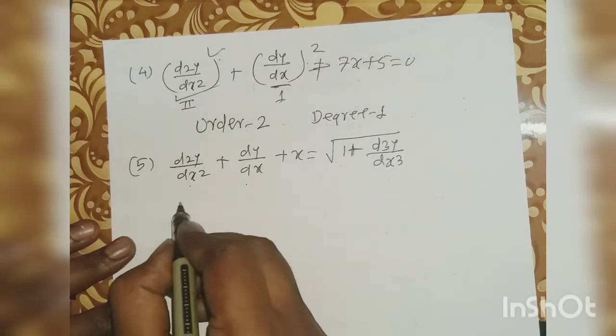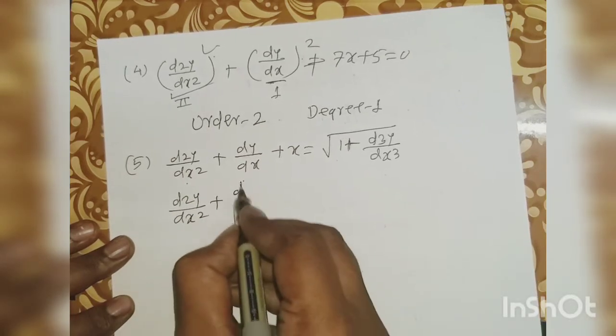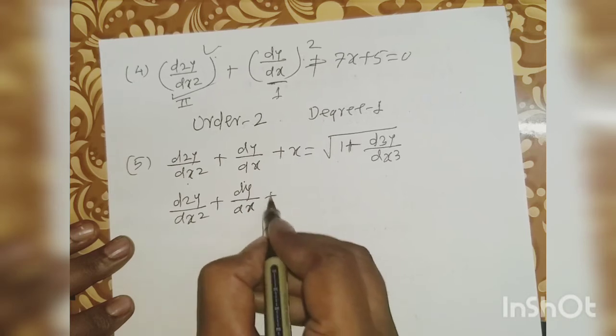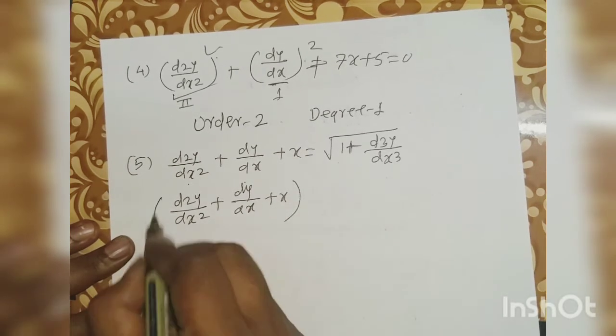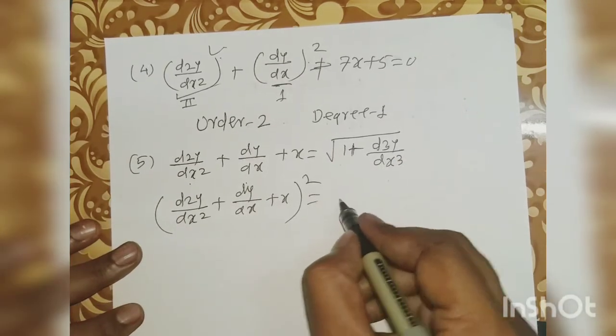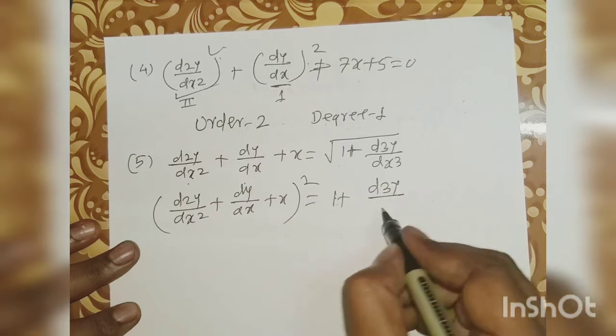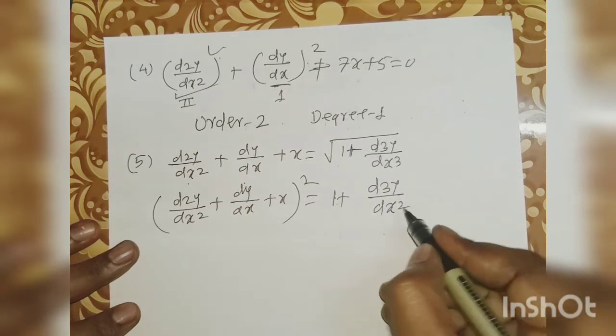Taking square on both sides, (d2y by dx square plus dy by dx plus x) bracket square. We cannot expand this bracket. Only simplify the right hand term, 1 plus d3y by dx cube.